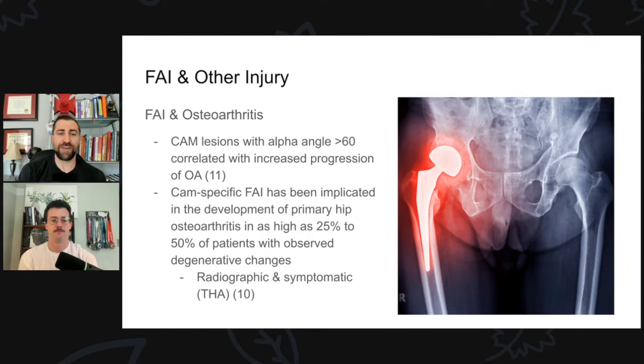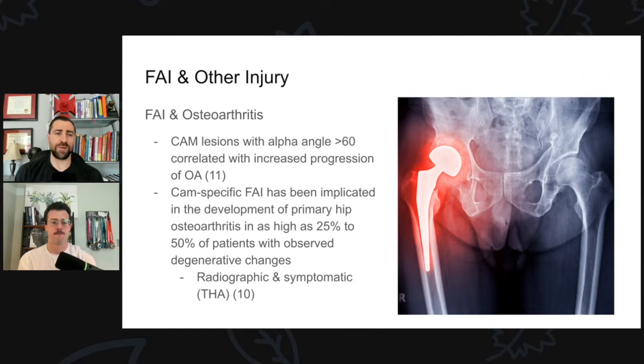So cam-specific FAI has been implicated in the development of primary hip osteoarthritis in as high as 25% to 50% of patients with observed degenerative changes. So when folks have hip arthritis, oftentimes they are presenting with cam morphology. And like I said, this is radiographic evidence, but also symptomatic hips in folks that have had total hip arthroplasty.